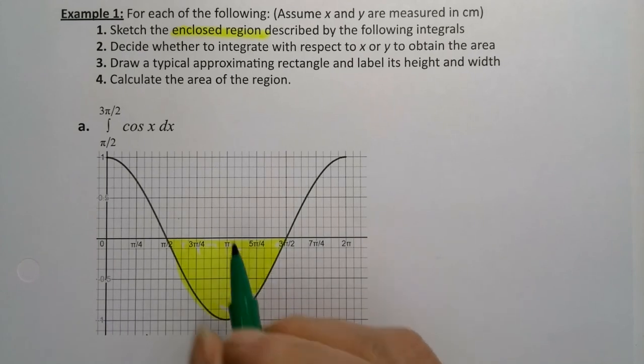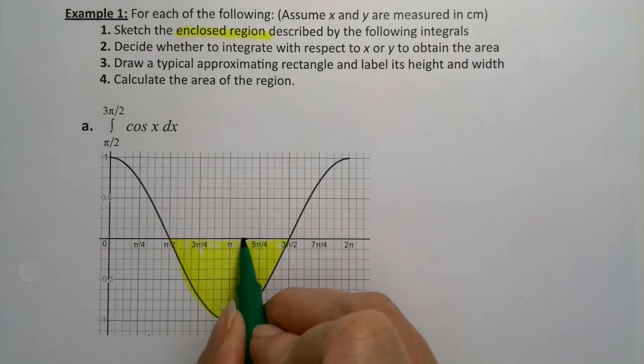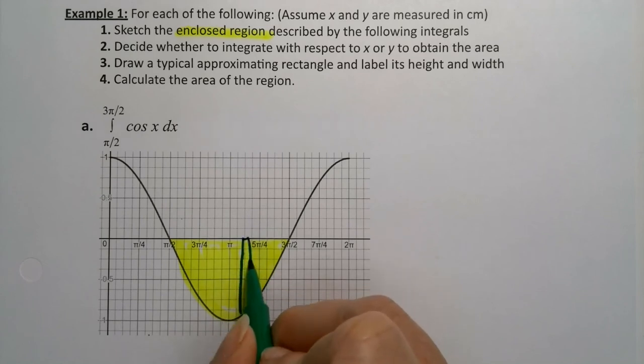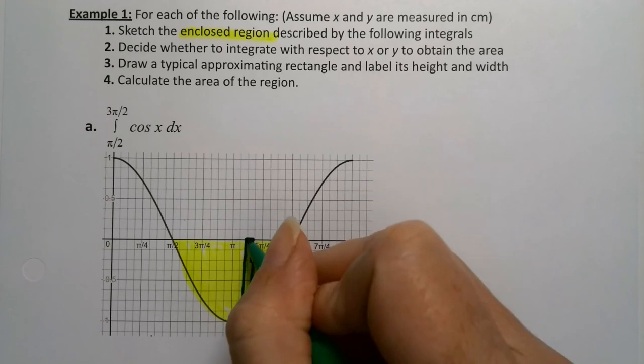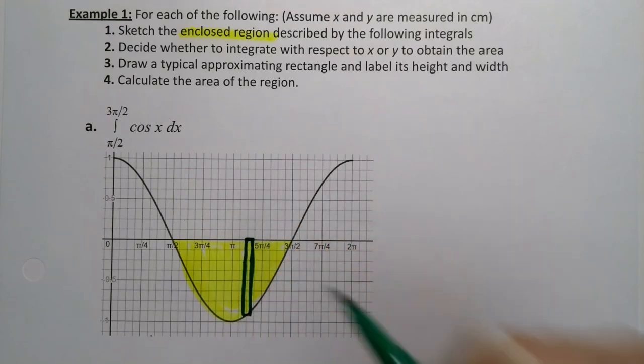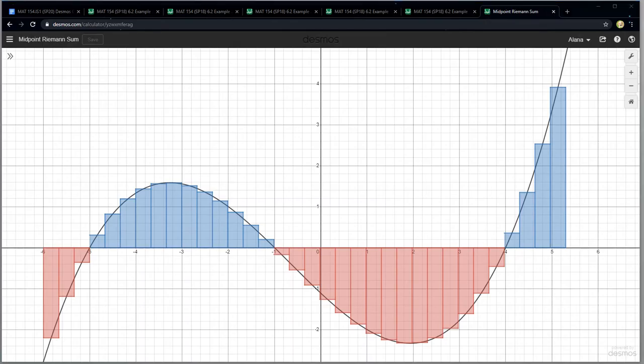So I've enclosed my region, and when I'm going to use a rectangle to find the area of that region, remember how we would stack those rectangles together with Riemann sums. Here, let me pause and remind you of Riemann sums. Remember, back in Calculus 1, we would use Riemann sums, i.e. approximating rectangles. We would stack them up and add them up.